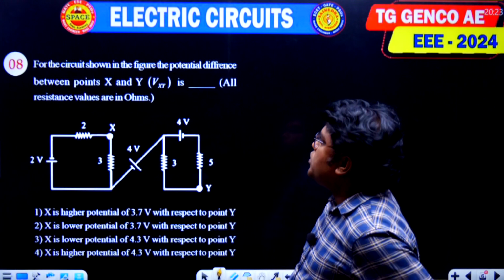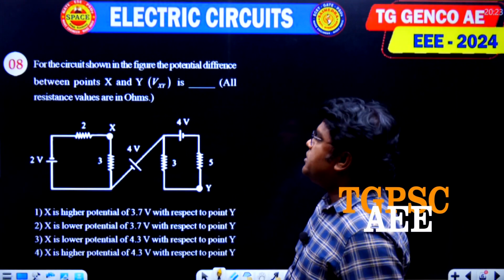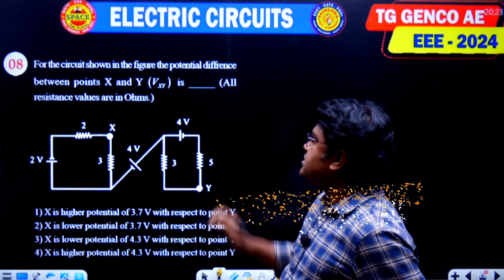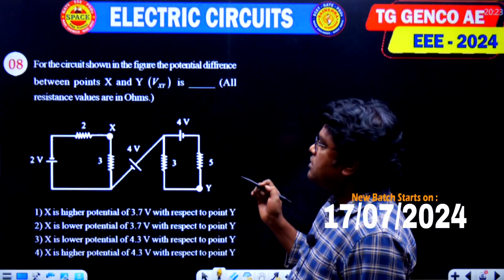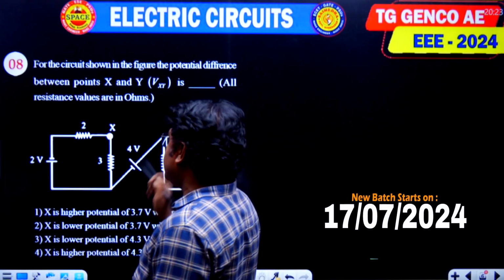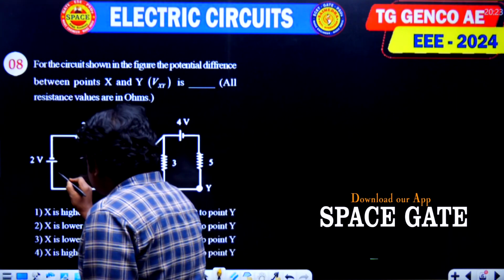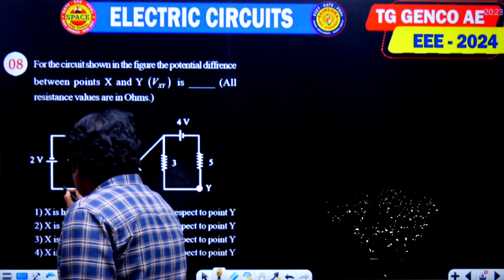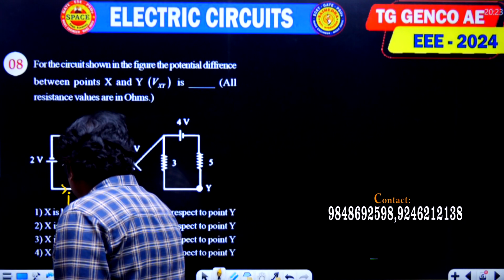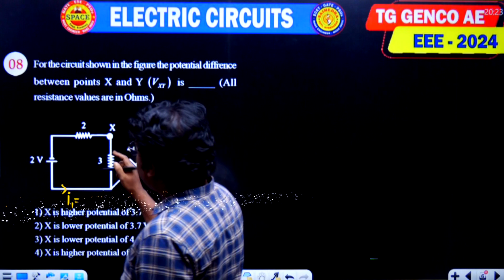For the circuit shown in the figure, the potential difference between the points x and y, Vxy, is: all resistance values are in ohms. So this is the given circuit. First, let us assume the current in this loop is I1. What is the value of I1?